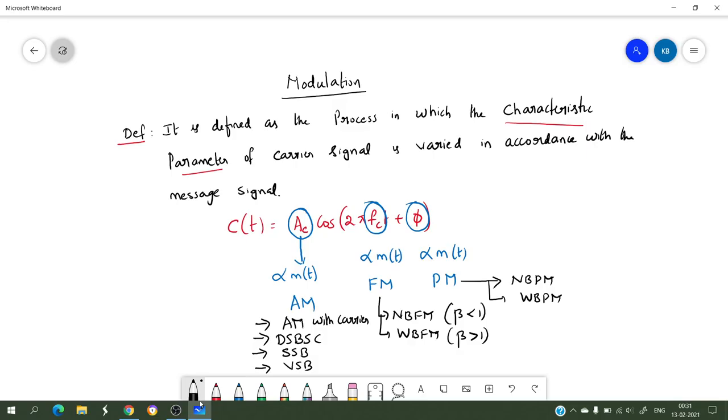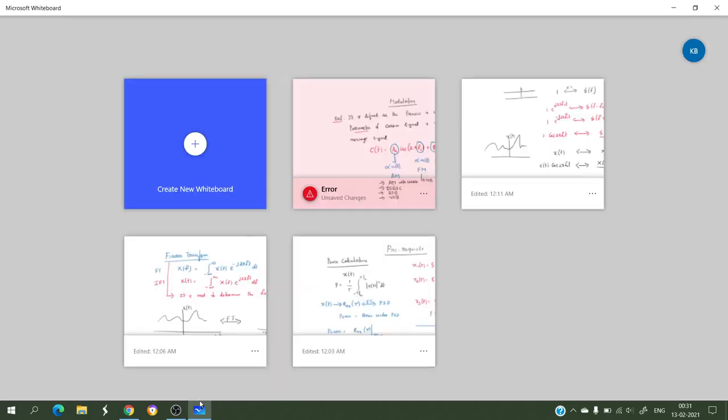Now, we will see in this modulation, the input signals that are applied to a modulator.